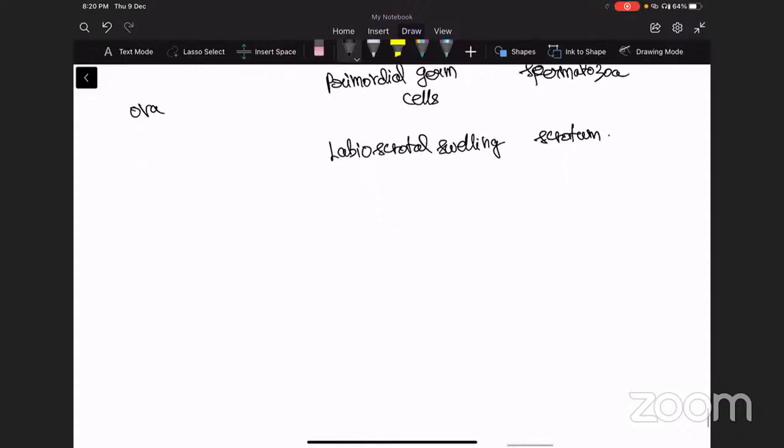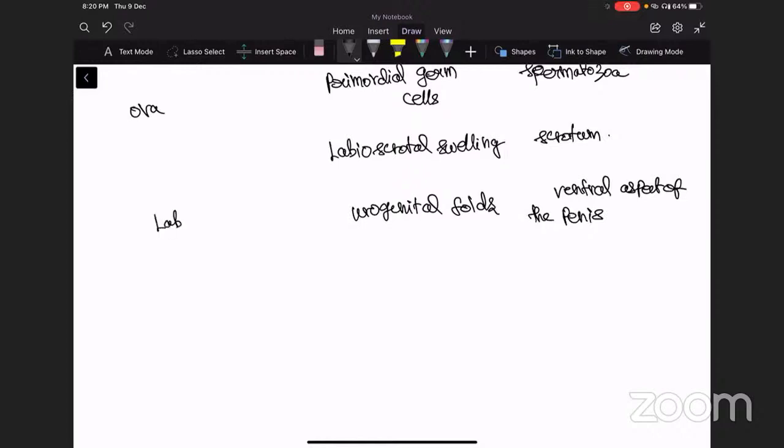Yes, anyone? Urogenital folds is homologous for the ventral aspect of the penis, the penile urethra, and for females it is labia minora.